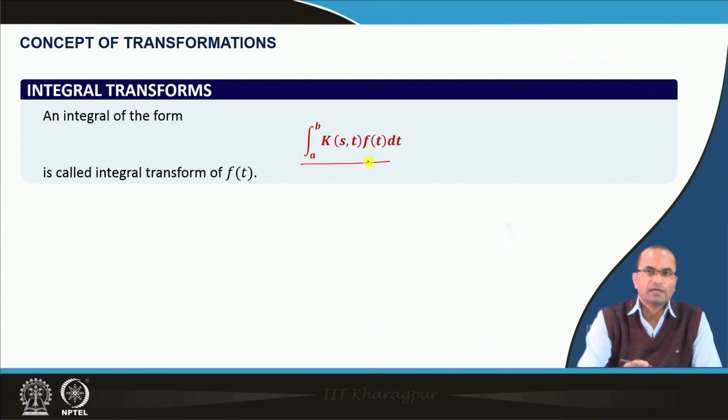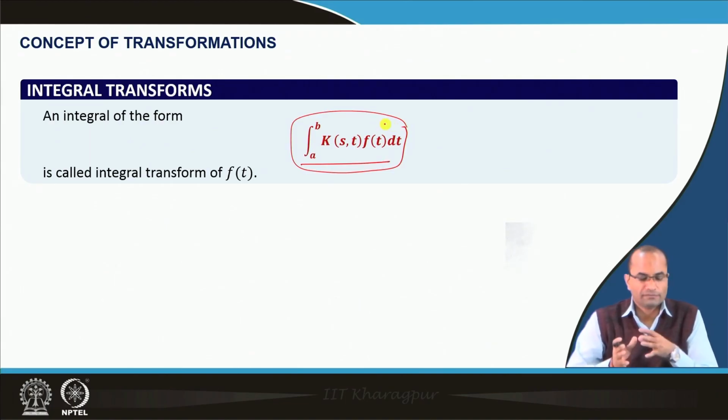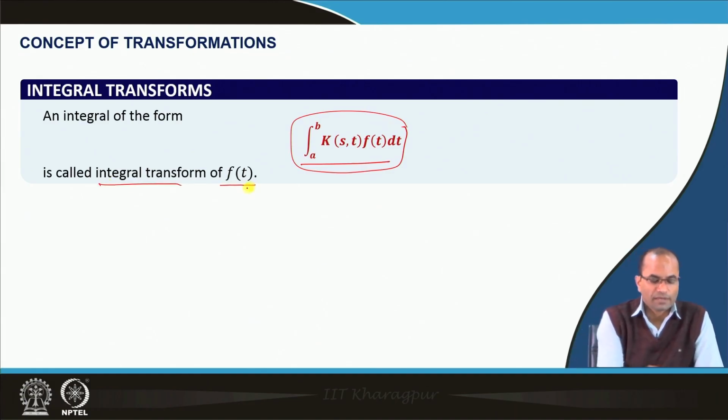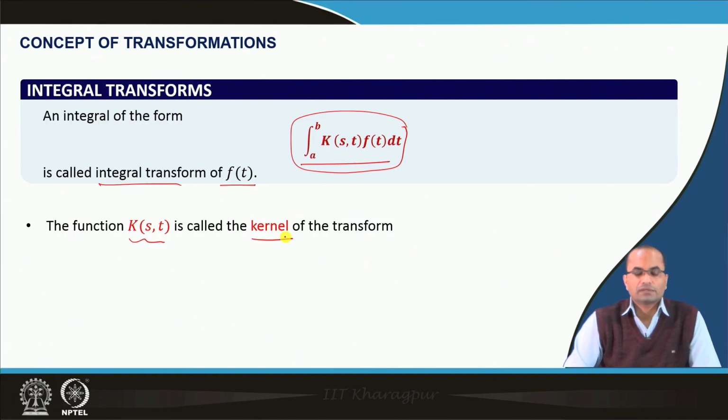One of the examples we have already studied was the Fourier transform. In general, when we have such transforms through this integral, we call them the integral transform of f t. In this context, this k of s, t is called the kernel of the transform.